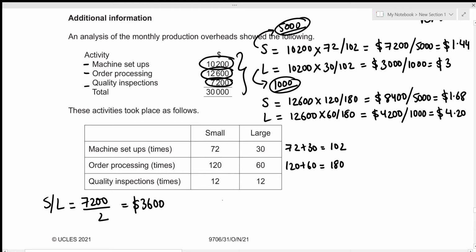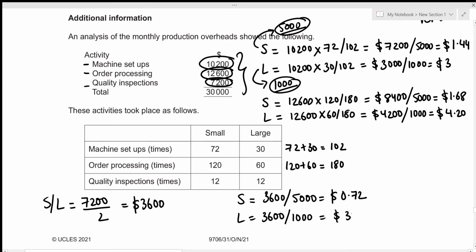Now we require the per unit cost. For small, that's just going to be the total cost of 3,600 divided by the total number of small units, which is 5,000. This results in the per unit cost of 0.72. Whereas for large, the total cost is 3,600 and the total number of units is 1,000. So this results in the per unit cost of 3.60.